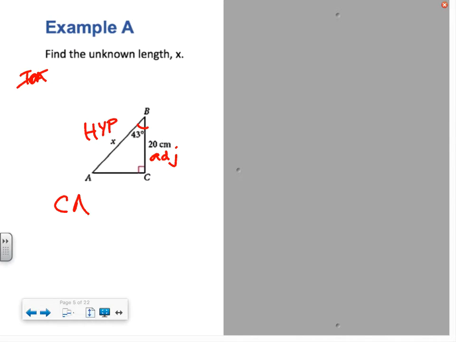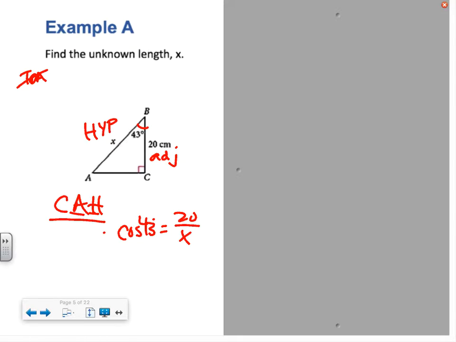So now that means I'm going to use the cosine function. Okay? And if I set up an equation, the cosine of angle B, which is 43 degrees, is going to equal 20 divided by x. So cosine is adjacent over hypotenuse. I put the 20 on top and the hypotenuse x on the bottom.